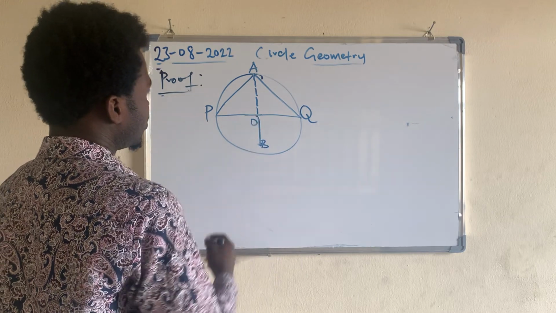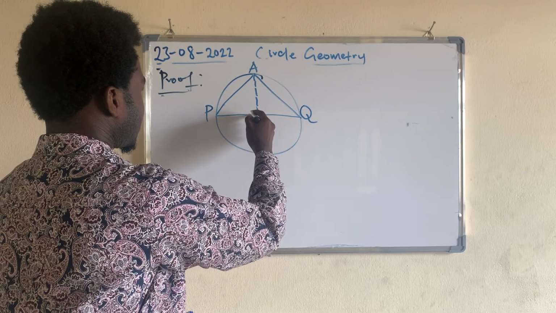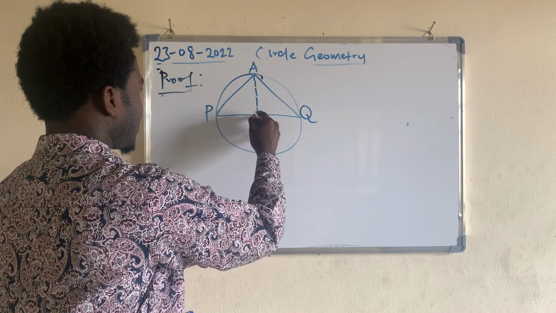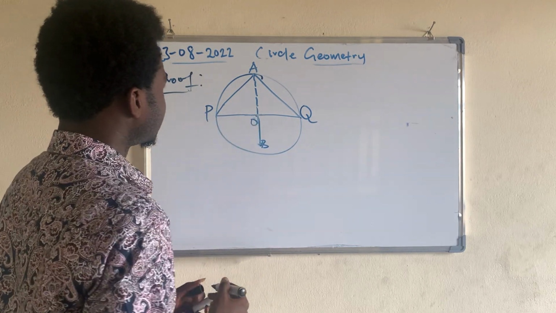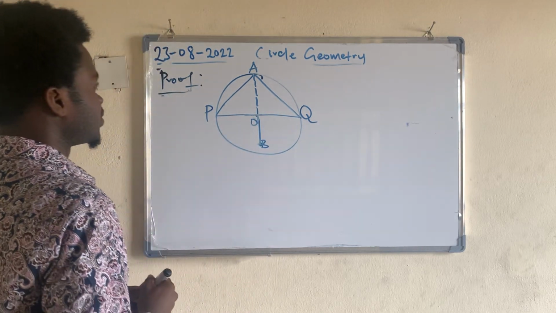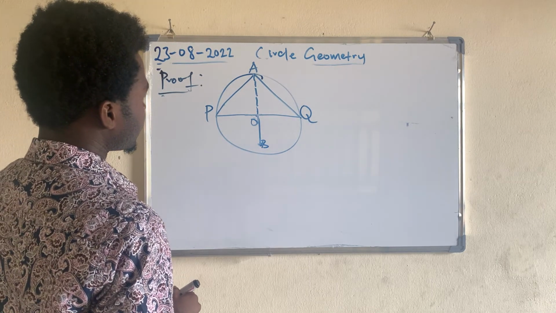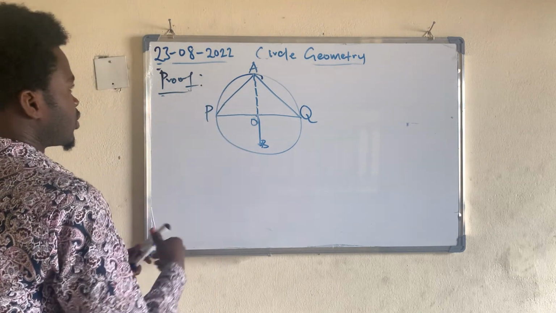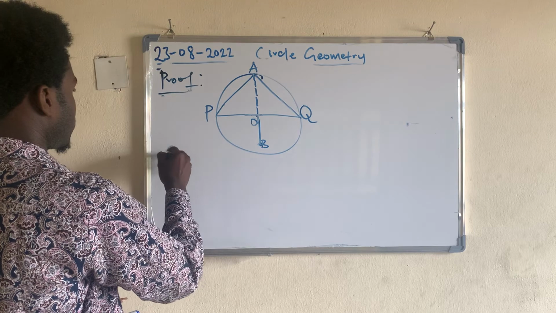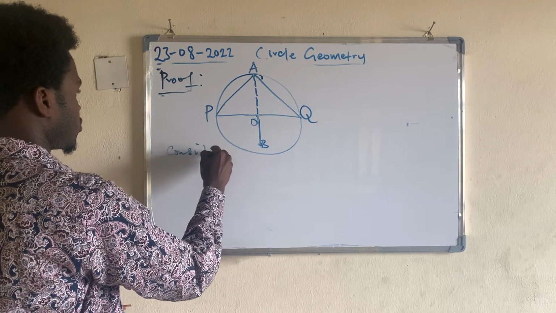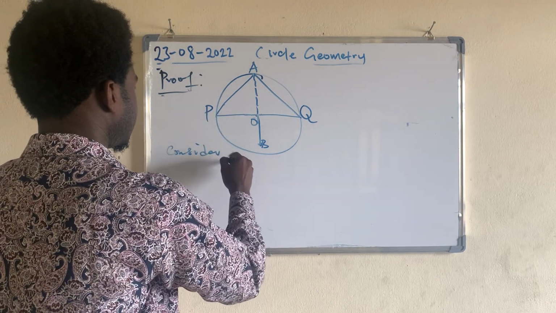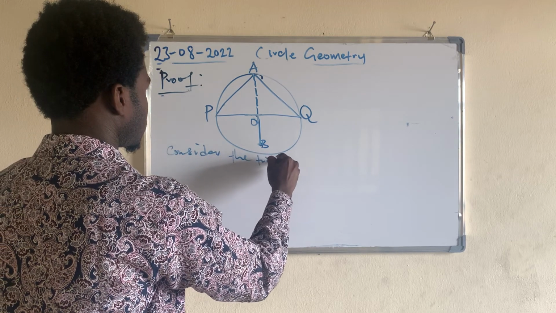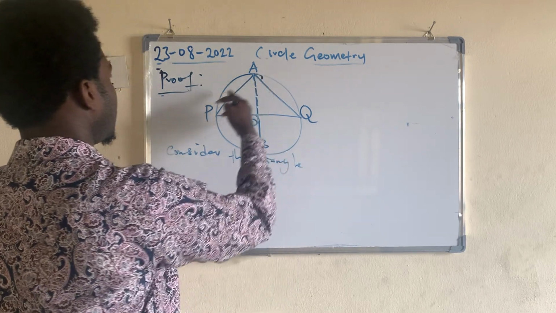This is center O. From here, consider the triangle APO.